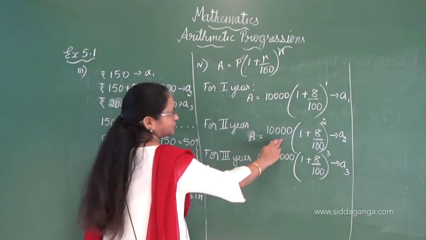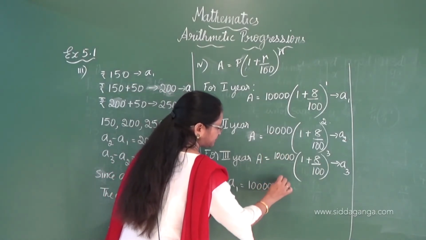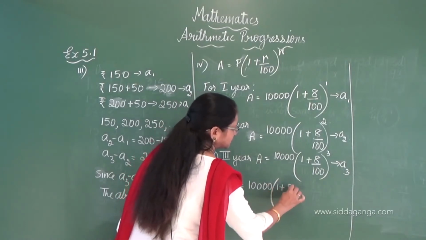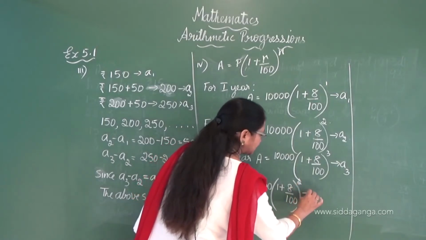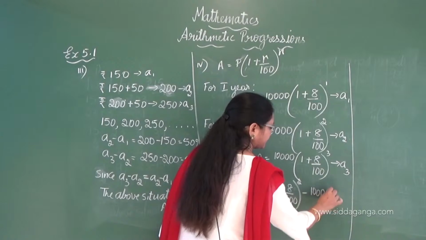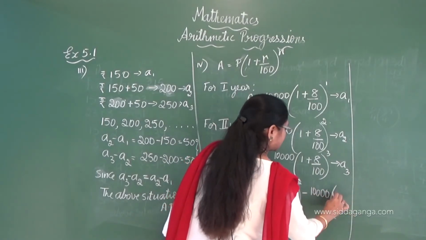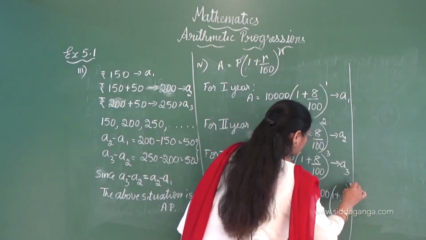Now, A2 is which one? This 10,000 into 1 plus 8 by 100 to the power of 2 minus 10,000 into 1 plus 8 by 100 to the power of 1.